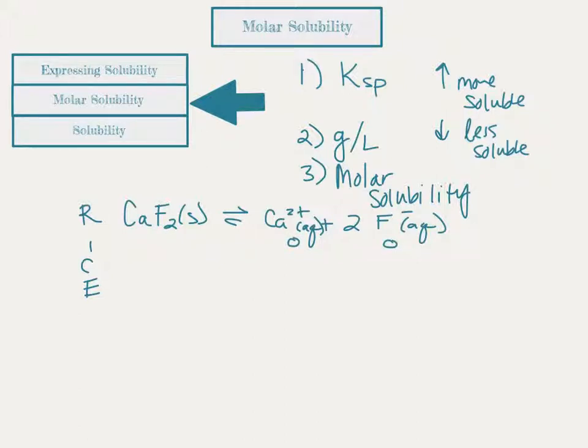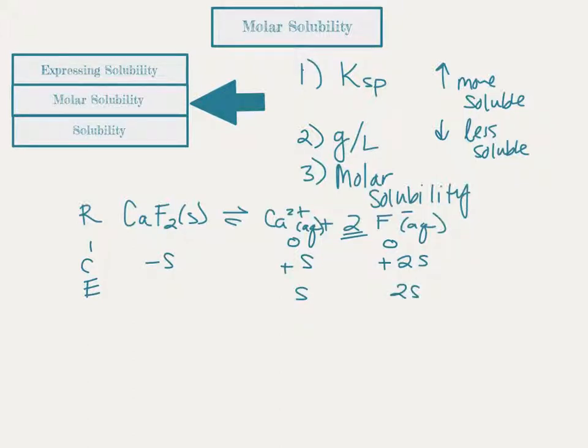We can label the change in this scenario as S for solubility, remembering to multiply by 2 for this change section to match the molar ratio in the balanced chemical equation. Now we can see that my equilibrium values of my aqueous species will be in variable format S and 2S.